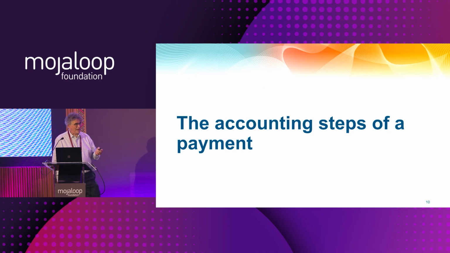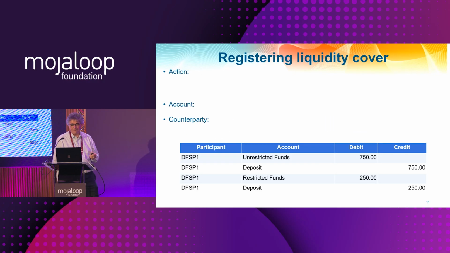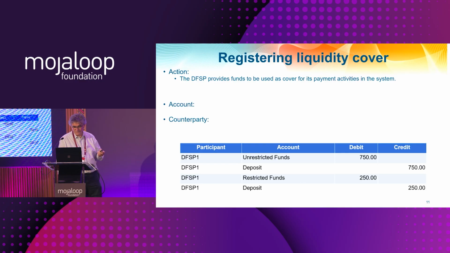Now I want to look at how that actually works in terms of the steps of a payment. So, first of all, we're looking at registering liquidity cover. The DFSP provides funds, or evidence that it has funds, to be used as cover for its payment activities in the system.